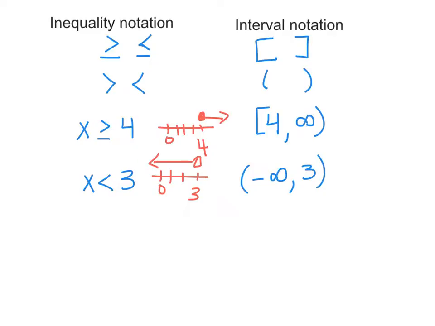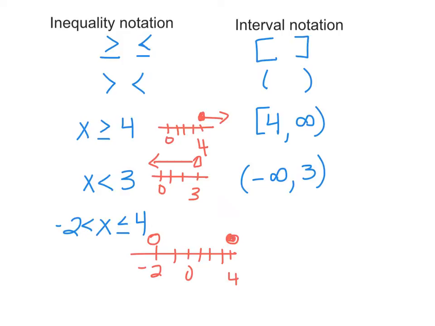Let's look at one more example. If I have, let's go negative 2 less than x less than or equal to 4. So now I have both types of inequalities. So let me graph that one. At negative 2, 1, 2, 3, 4. So at negative 2 I have an open circle, and at 4 I have a closed circle, and it's everything in between.